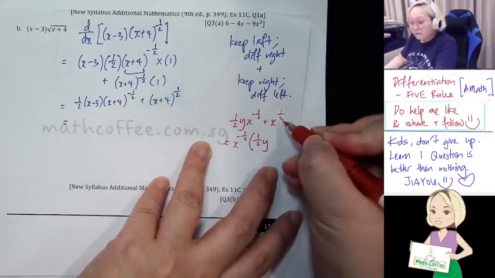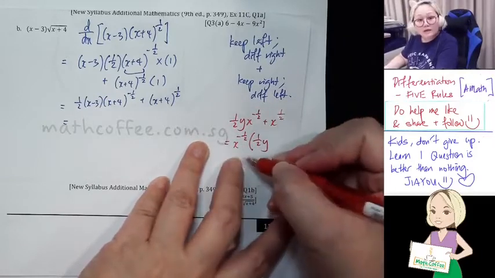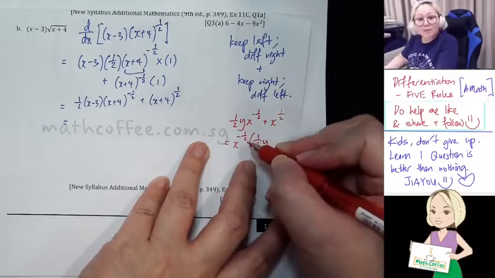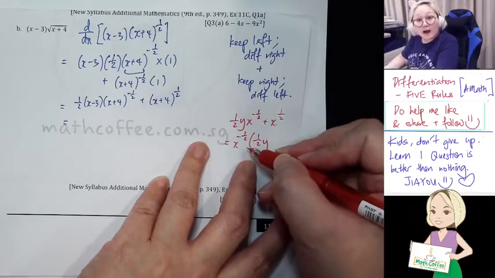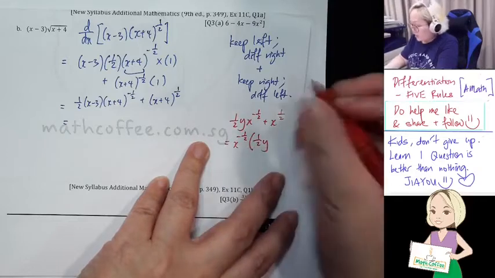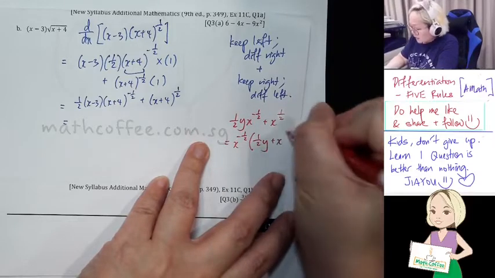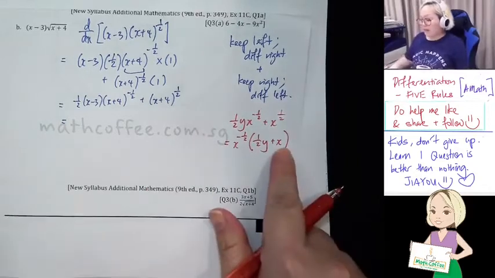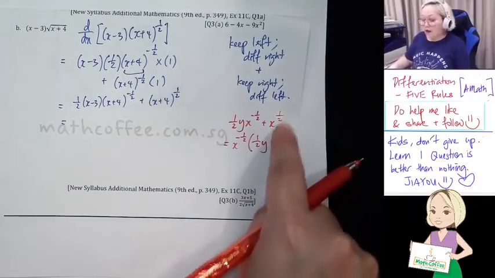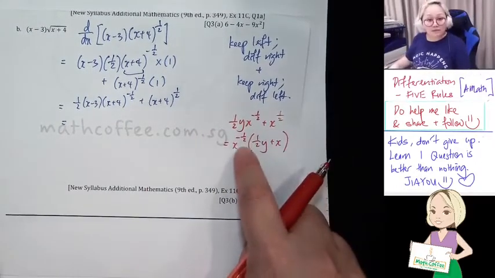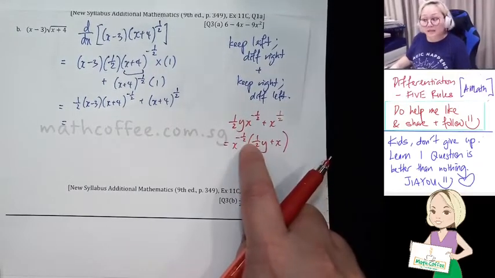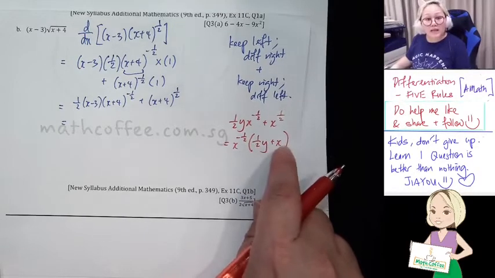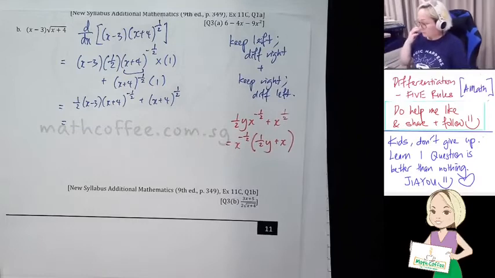And this one, when I take out minus half, is half minus minus half, which ends up half plus half, which is 1. That's why this one becomes plus x. This x to the power of half, when I take out x to the power of negative half, it's half minus minus half, which is 1. That's why it is left with 1 here.